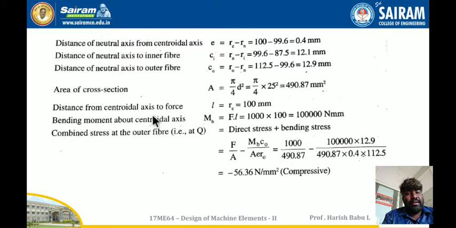The bending moment formula, that is Mb is equal to F into L, the force is given and length we are going to find out, so I am going to get 1 lakh Newton mm.